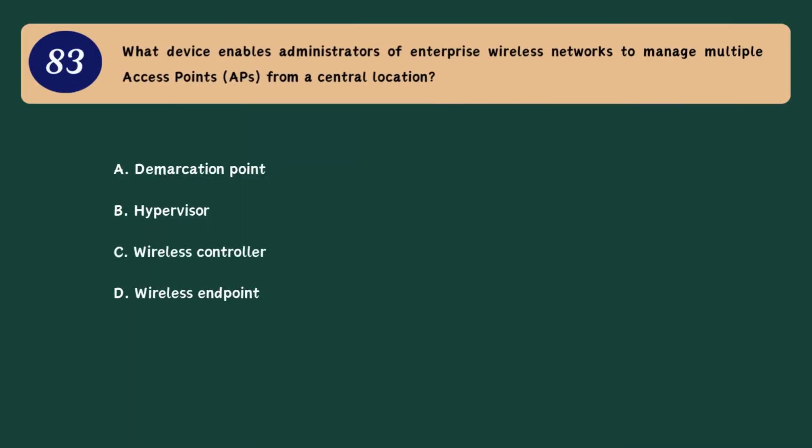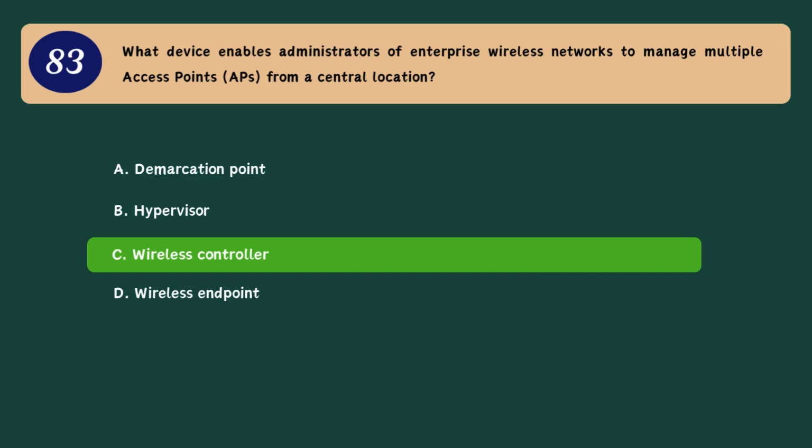Question 83. What device enables administrators of enterprise wireless networks to manage multiple access points from a central location? A. Demarcation point. B. Hypervisor. C. Wireless controller. D. Wireless endpoint. Correct answer.